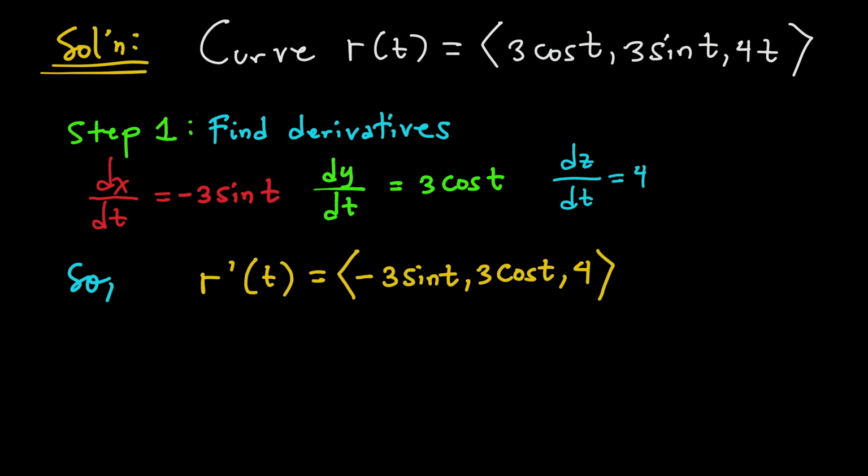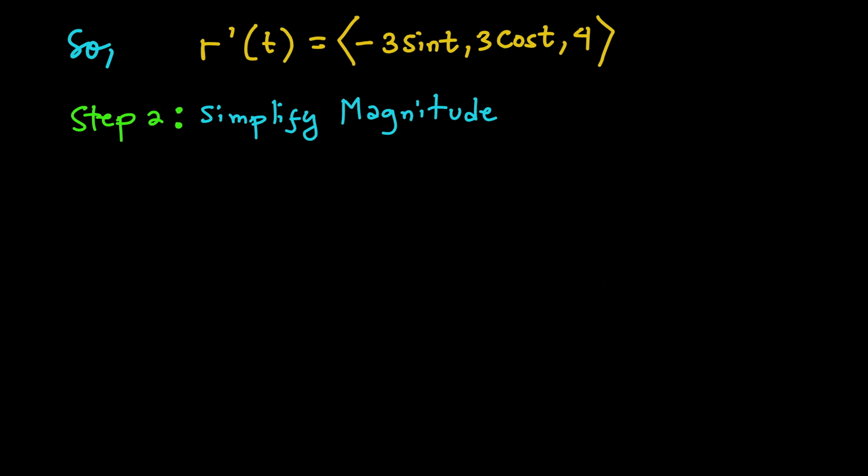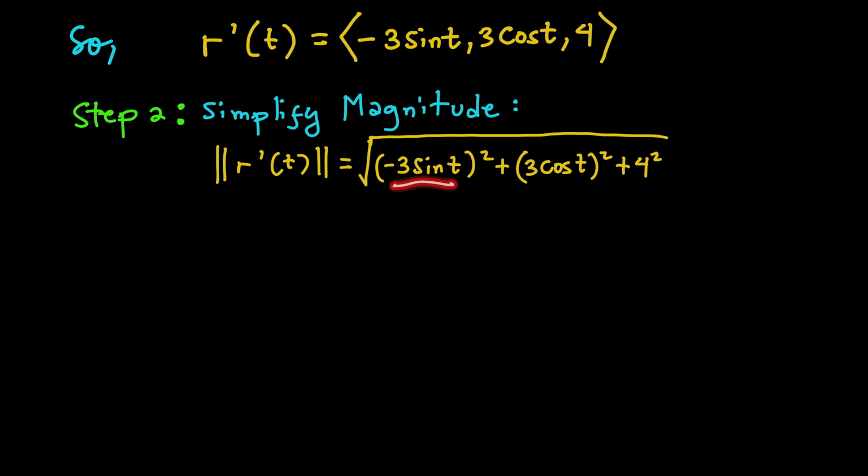Okay, so now let us proceed to step 2. Step 2 here is to simplify the magnitude. That is the magnitude of this one, r prime of t. By the formula, this is equal to the square root of the sum of the squares of these components. So you have this one squared, and then this one also squared, and this one squared.